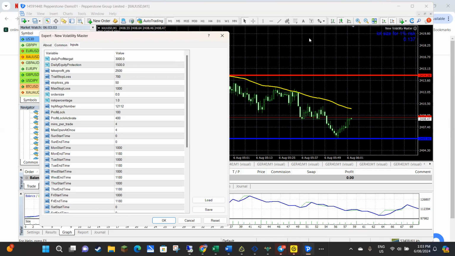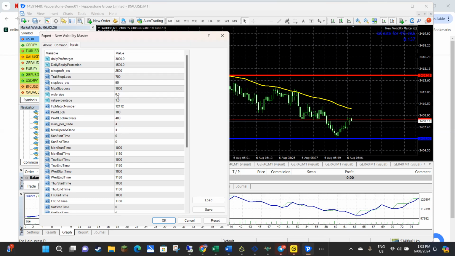Instead of setting it 5,000 points away, it's still just going to set it at 1,000. So if the software calculates that the stop loss should go here, but this stop loss is actually more than 1,000 points away from the trade, it will move it down to 1,000 points. Not always something you're going to want to use, but that's the explanation of what it's for, so that you do understand that.